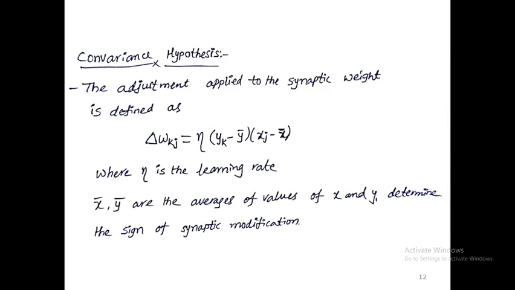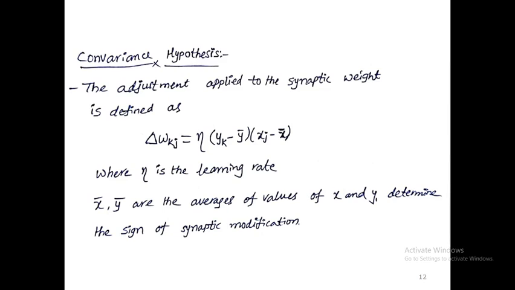Here eta is the learning parameter. Take one example: you have 10 values in the y signal, y1, y2, y3, y4 and so on up to y10. Yk of n can also be represented with n, where n is the number of iterations.